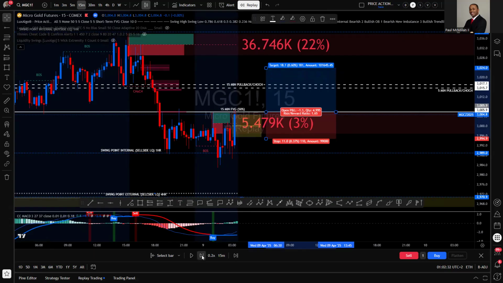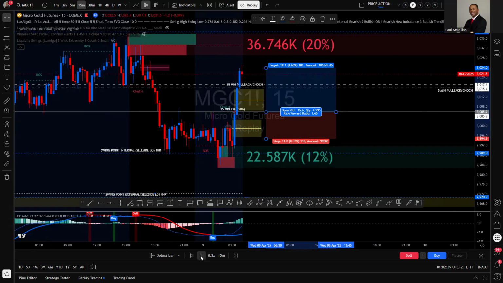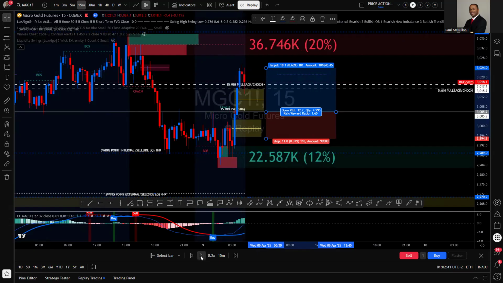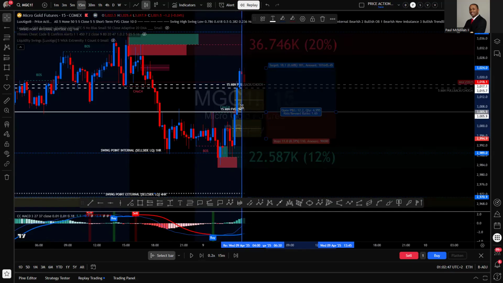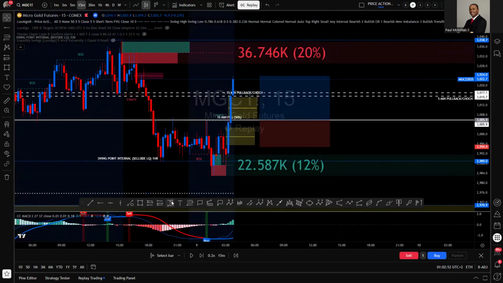Let's see. Now, we call it a target. So this probably would have been our exit here. So let's see how many that is, and then we'll see the price from there.